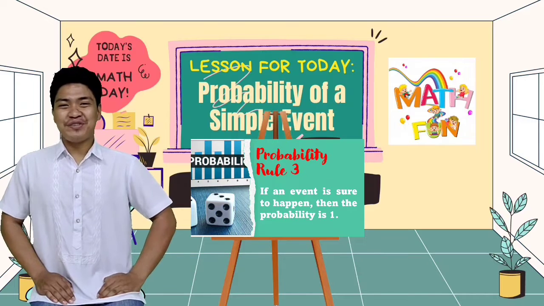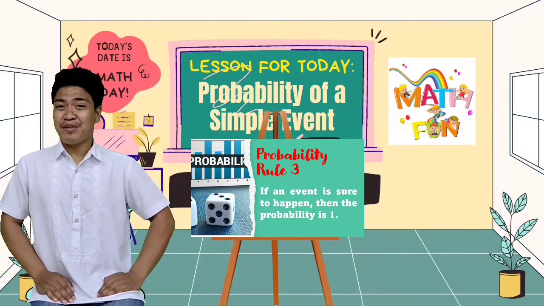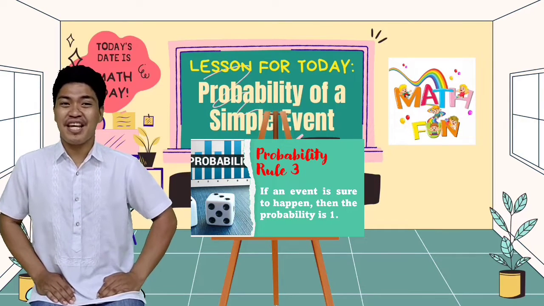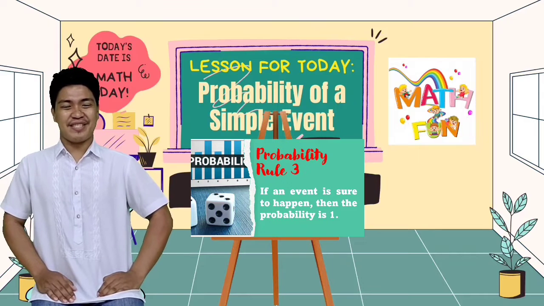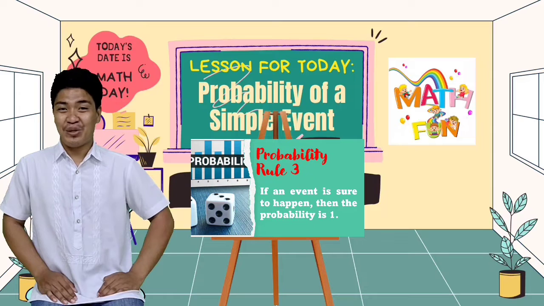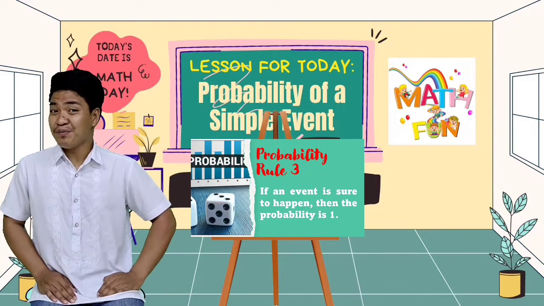You can now solve the probability of getting a number less than 7 because you have already identified the number of favorable outcomes and all possible outcomes. So what is the probability? 1. How?